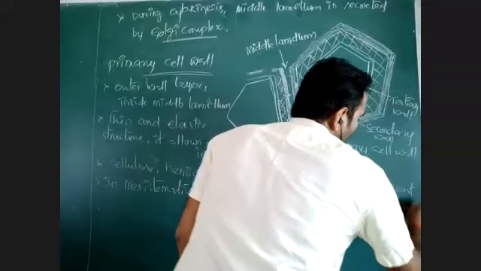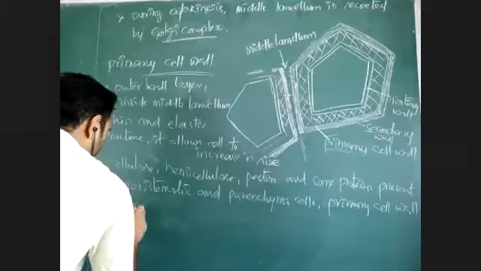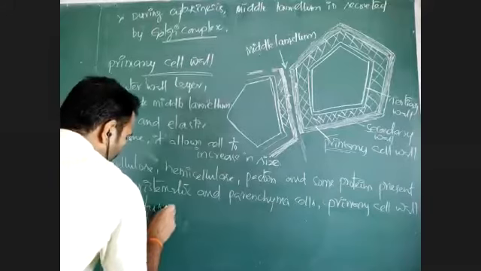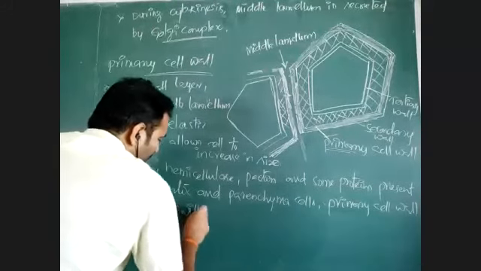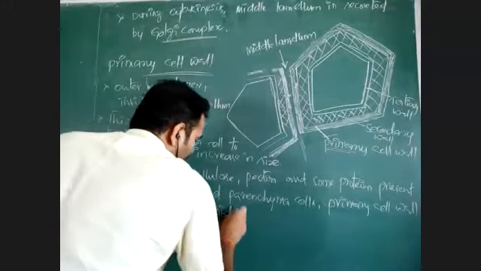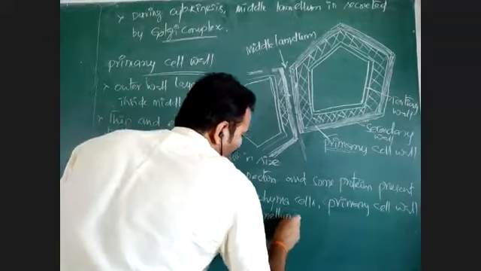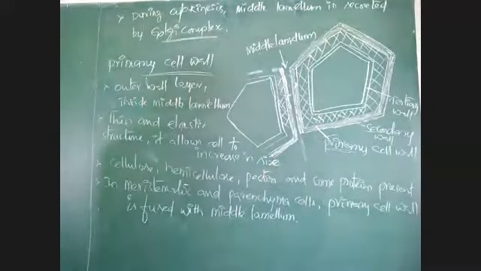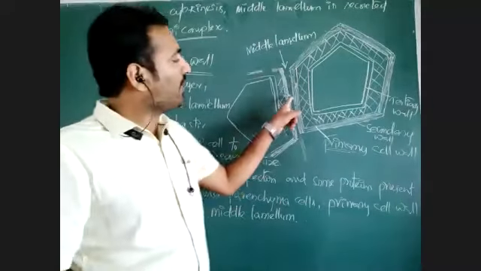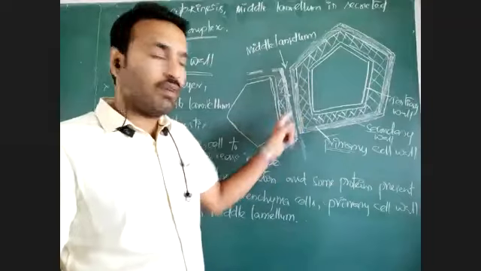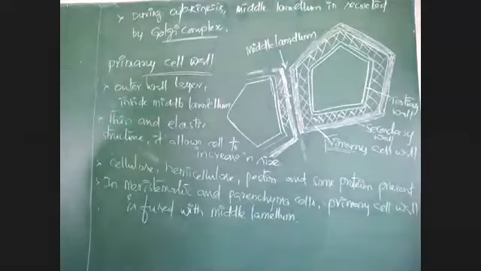Primary cell wall is fused with middle lamellum. Both middle lamellum and primary cell wall are fused. There is no separate middle lamellum and primary cell wall in these meristematic and parenchymatic cells.